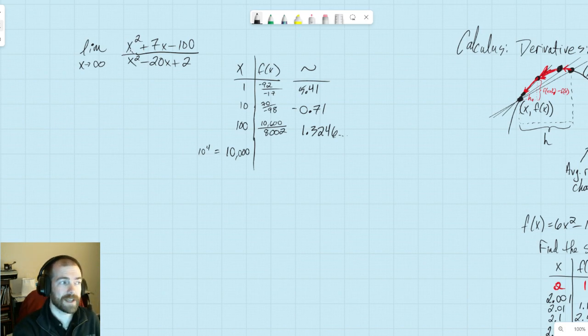So 10 to the 4th squared is going to be 10 to the 8th, so that is 100 million, plus 7 times 10 to the 4th, which is 70,000, minus 100, so 69,900.